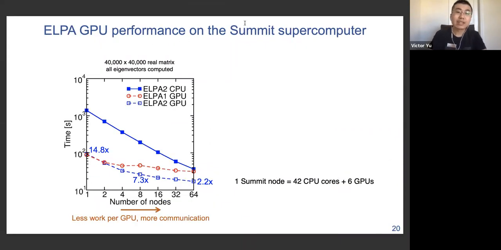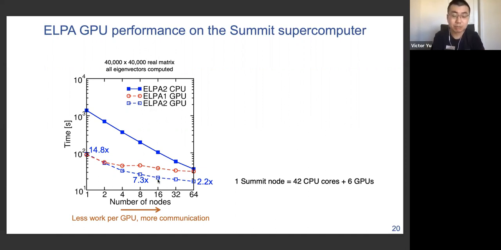So now let's see how much speed up we can obtain by solving the eigenvalue problem on the GPU. This plot compares the reference CPU version of ELPA 2 on the Summit computer with the GPU version of the one-stage ELPA solver and the GPU version of the two-stage ELPA solver.